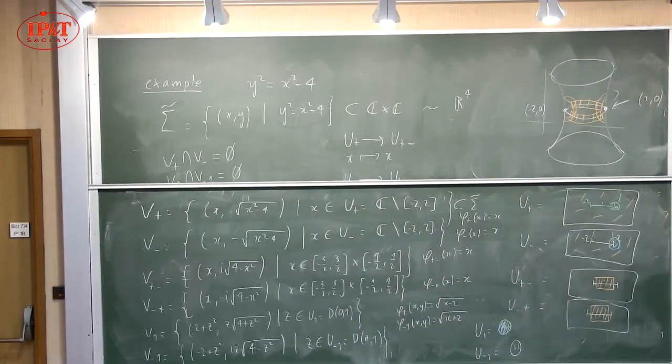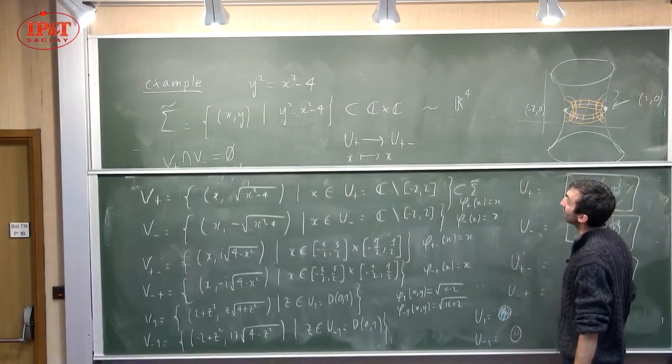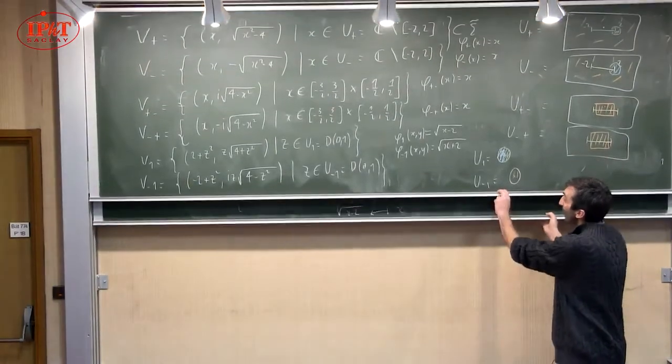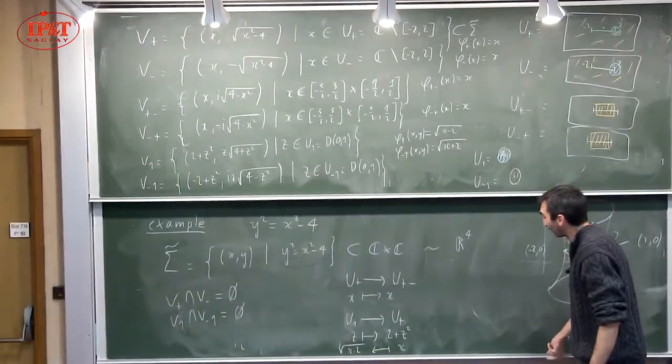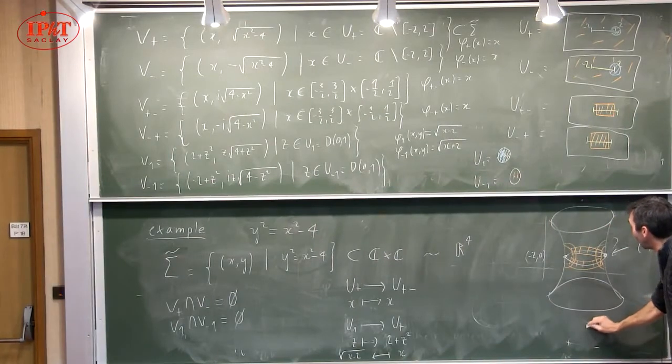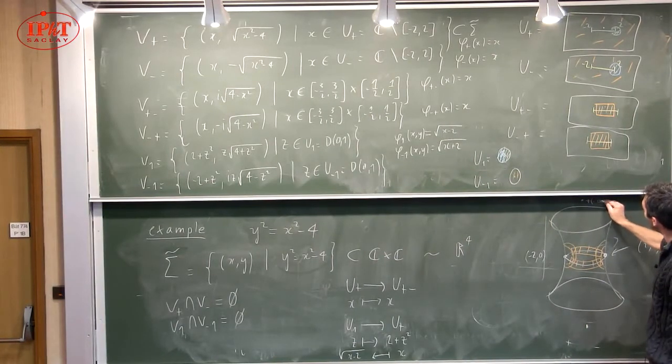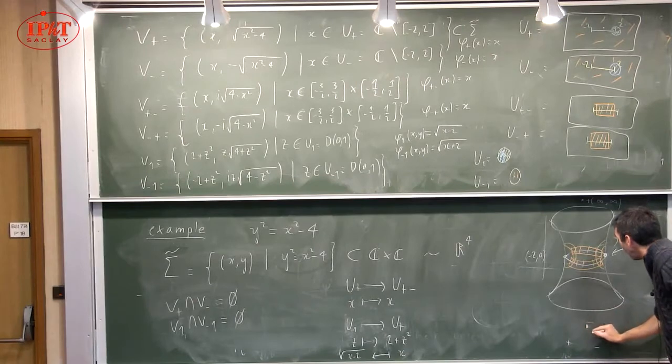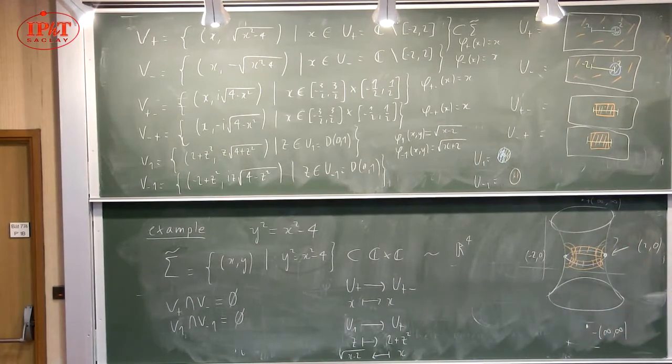So there is a way to add some new points to my sigma tilde to make it a compact Riemann surface. Somehow I will add 2 new points that I will call plus infinity infinity and minus infinity infinity. That's the name I give to these 2 new points.